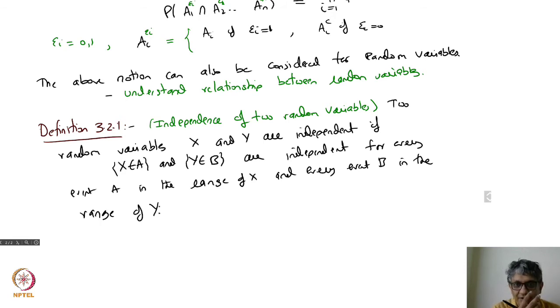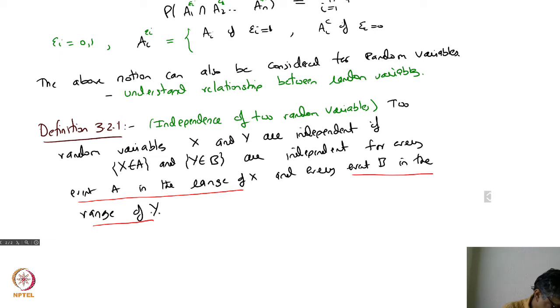That's the definition of independence. So you take any event A in the range of X, and any event B in the range of Y, and then you have to check whether these two events, X in A and Y in B, are independent.